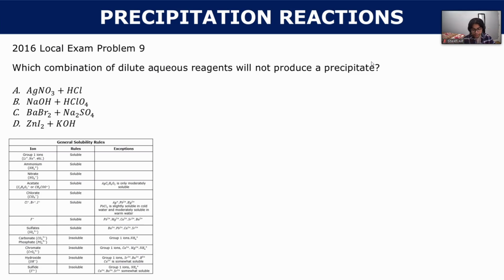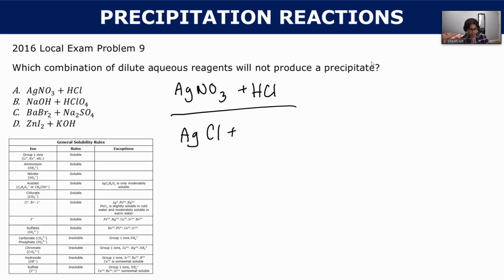Which combination of dilute aqueous reagents will not produce a precipitate? All right, and we have a bunch of options, and let's go through each one of them. Let's first take a look at silver nitrate and hydrochloric acid. If we do the double displacement reaction, we're going to get AgCl plus HNO3.